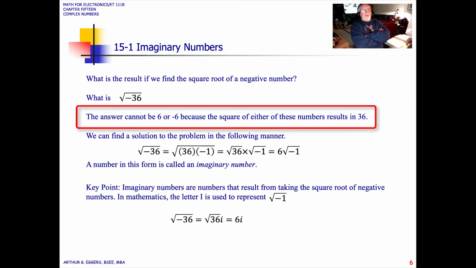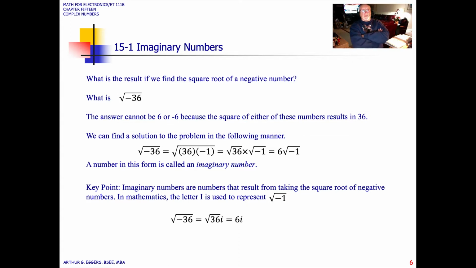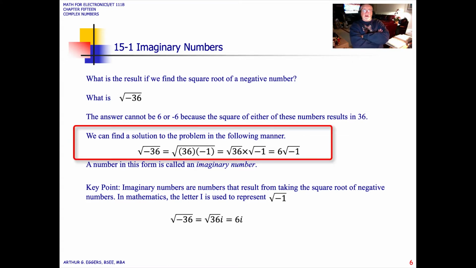It cannot be a 6 or a negative 6 because the square of either of those numbers does not give us back a negative 36. We just get 36. So we need to find a way to parse out that negative number, but keep it in the mix so that we can use it to do our calculations.